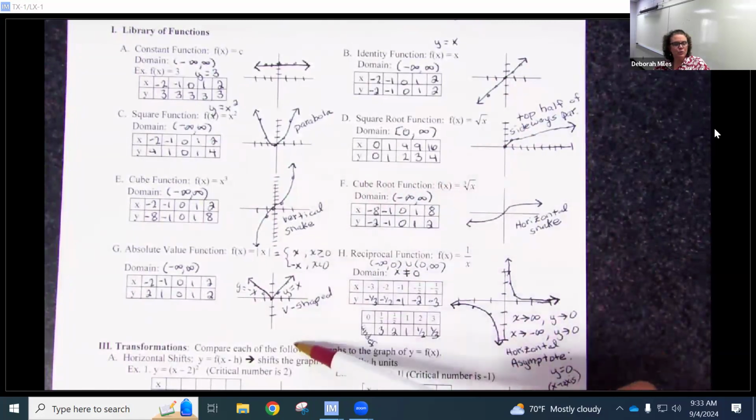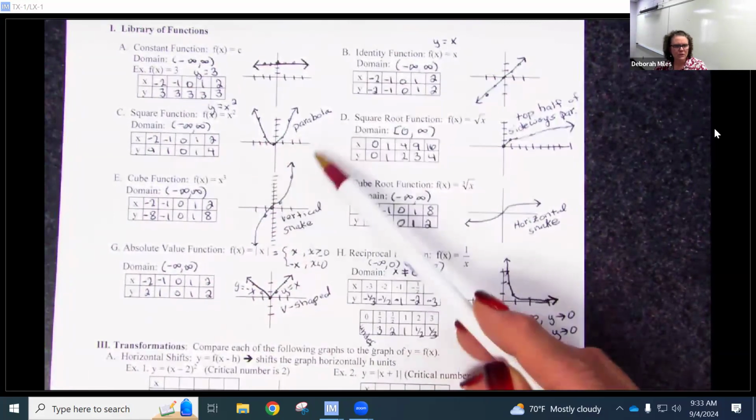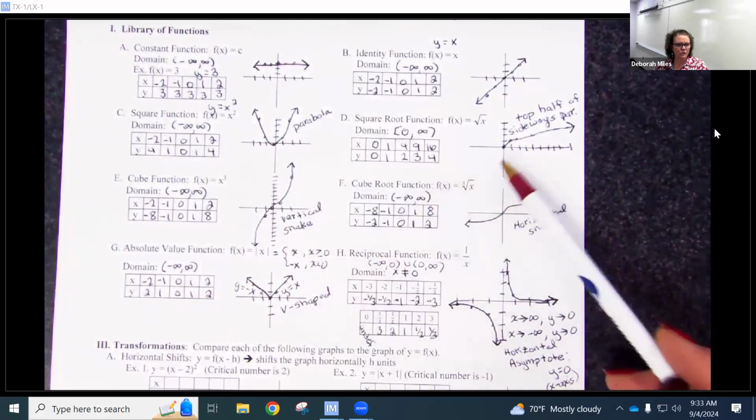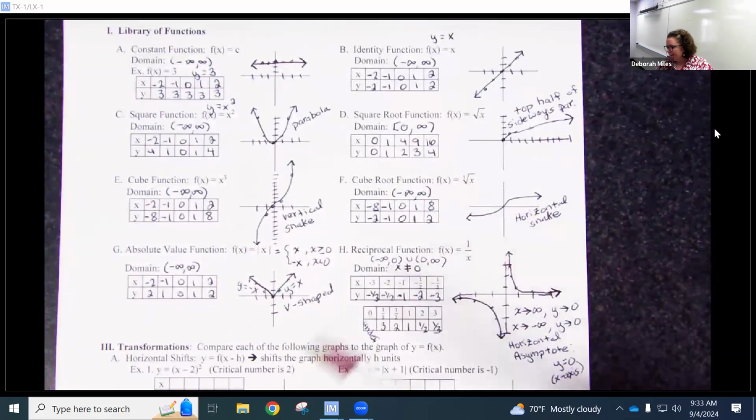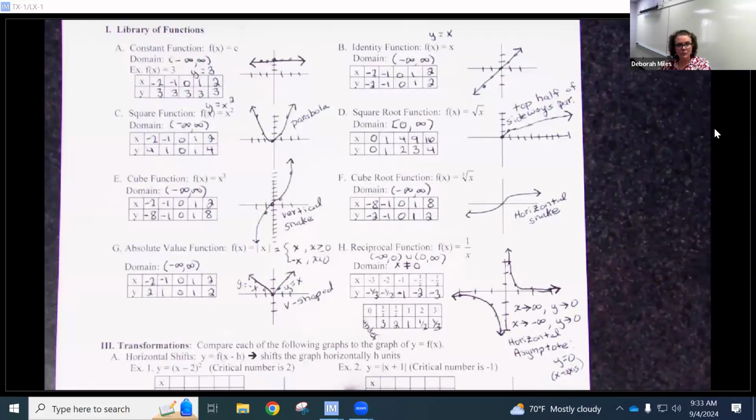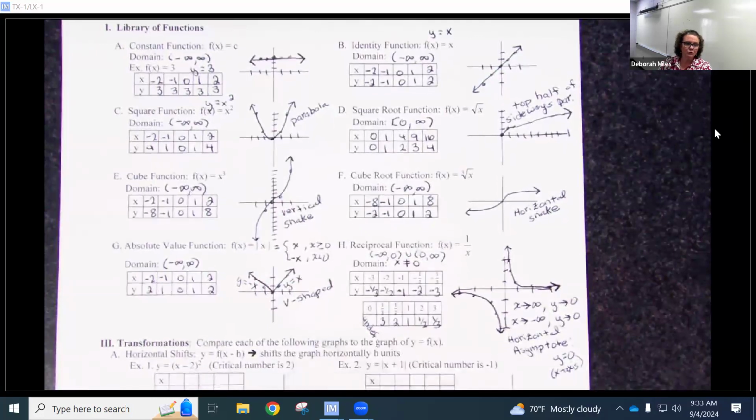And it's important, in calculus, there will be a more formal definition of critical point, but now we're just going to say it's the point where something interesting happens, where the curvature changes or where the graph starts. Calling that a critical point will allow me to describe what I'm doing to a graph that has been shifted left, right, up, or down, and that's the next thing we're going to talk about.